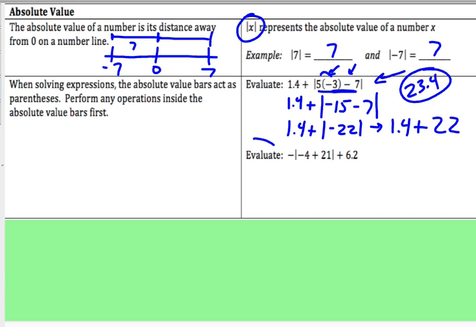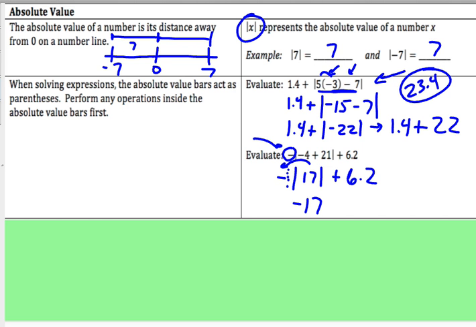This one's kind of a little tricky one because it has a negative outside the absolute value. So basically, no matter what, when you take the absolute value of it, when it comes out of the absolute value, you make it negative. So a negative, the absolute value of -4 and 21 is 17 plus 6.2. The absolute value of 17 is 17, but when you take it out of the absolute value and multiply it by this, basically that's a -1 right there.